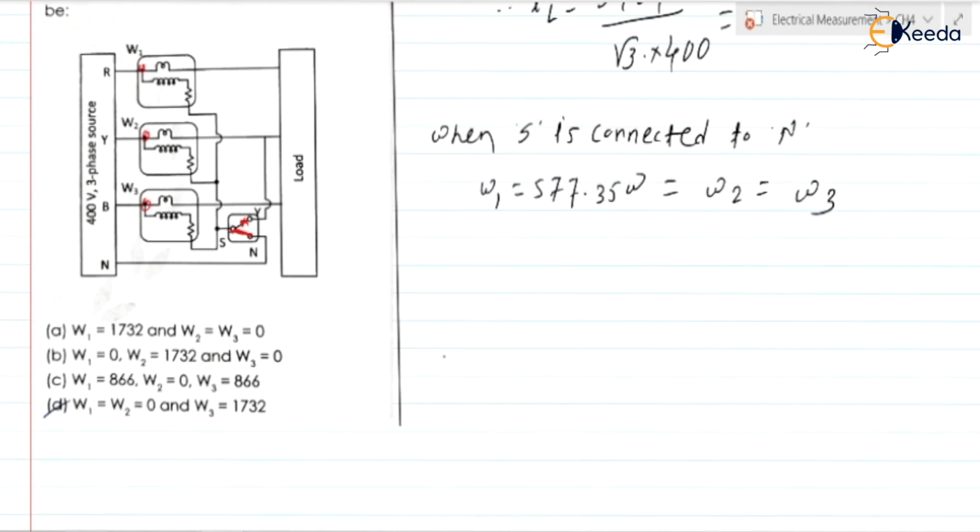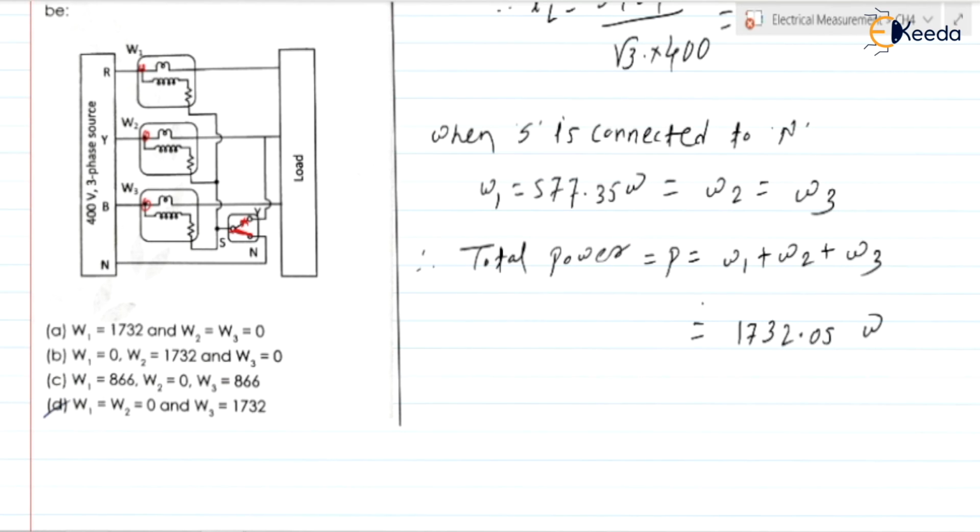All are the same. Therefore, can we find the total power? Total power P is equal to W1 plus W2 plus W3, which is 577.35 into 3, that is 1732.05 watts. This is the total power.